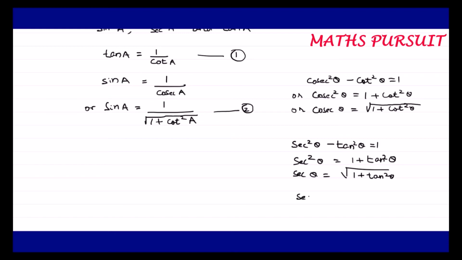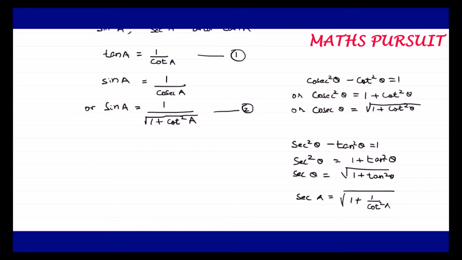So sec A, theta and A, because the question is given in A, so I'm taking it as A. So sec A is equal to root over of 1 plus 1 upon cot square A. I hope till here we are pretty clear. What I did is just replace tan square theta with 1 upon cot square A.